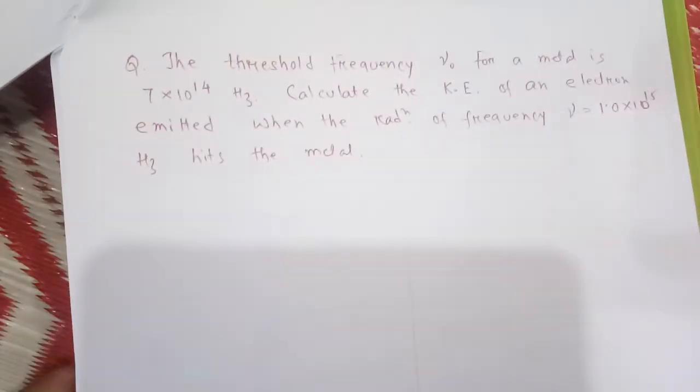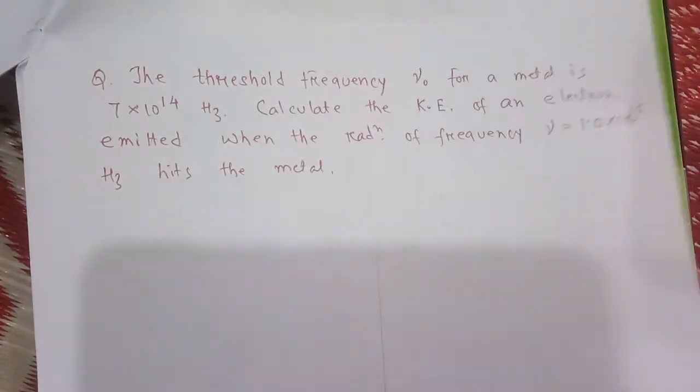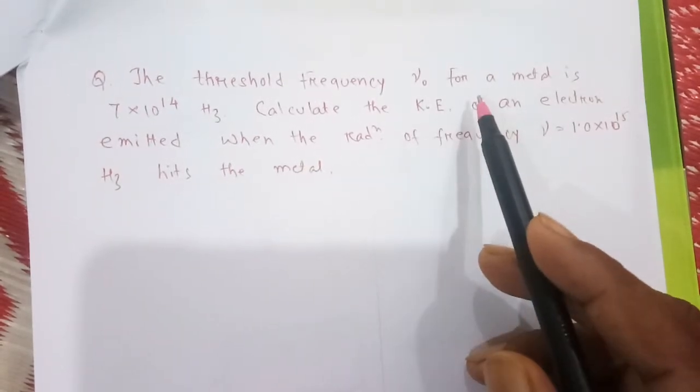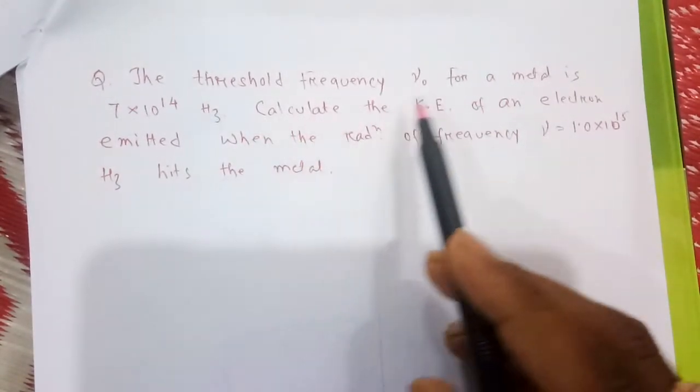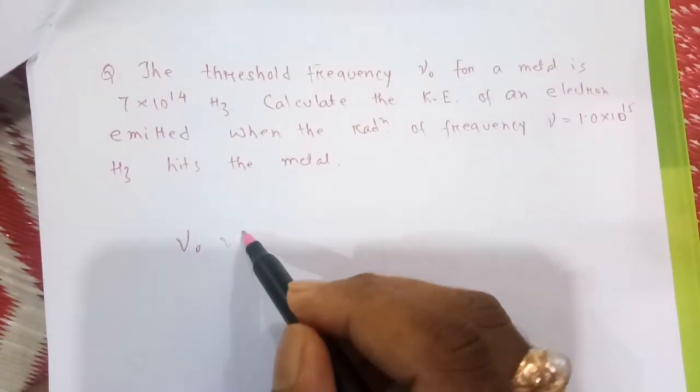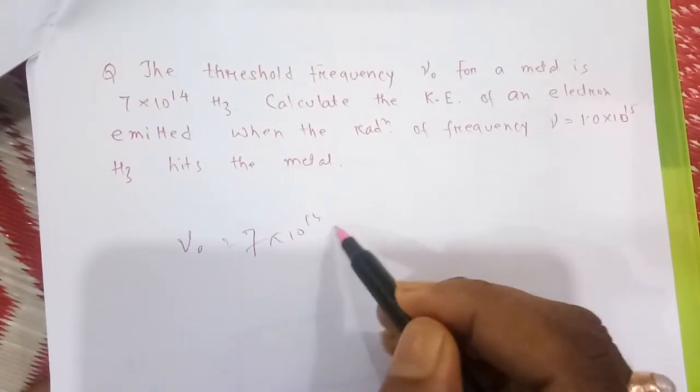Finally, today we are solving one problem. Find the kinetic energy. The threshold frequency nu naught for a metal is 7 into 10 to the power 14 Hertz.